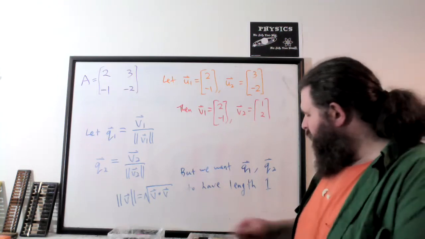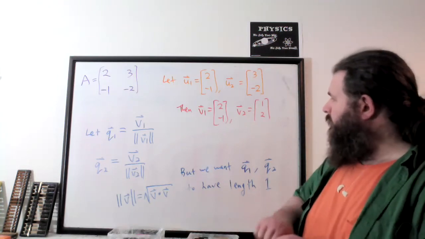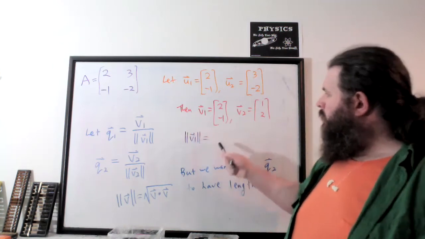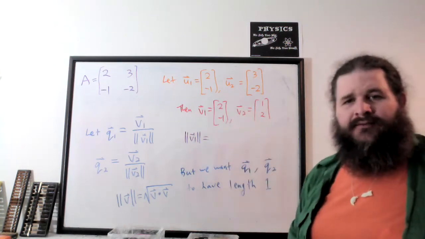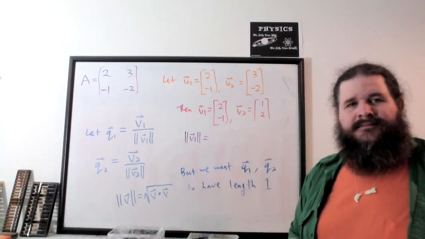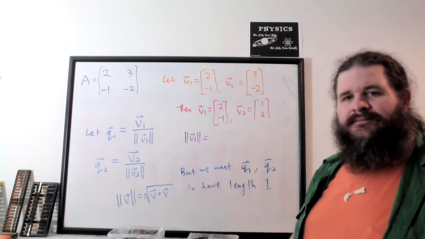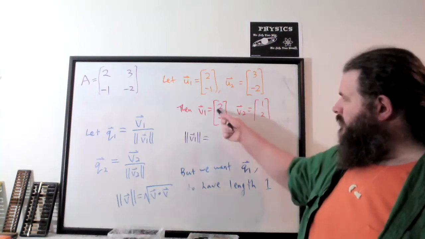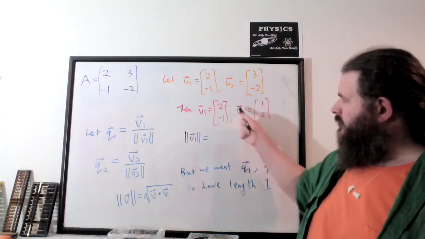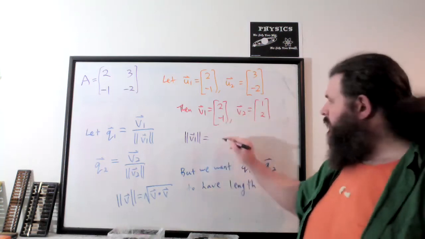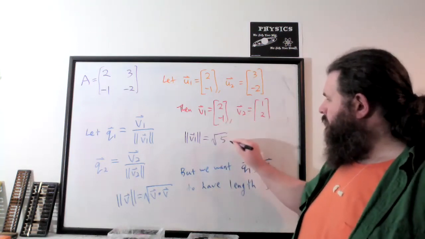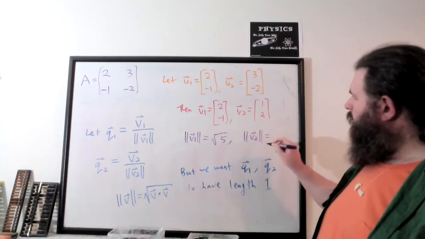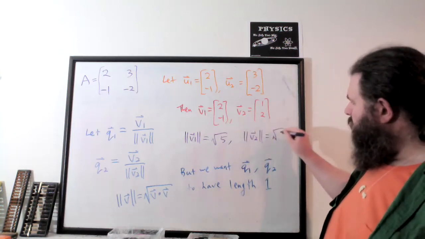So let's try that. If we calculate each of these magnitudes, what would be the magnitude of V1, which is 2, -1? Square root of 5. 2 times 2 plus -1 squared is 5. So square root of 5. And likewise, the magnitude of V2 is also going to be square root of 5.